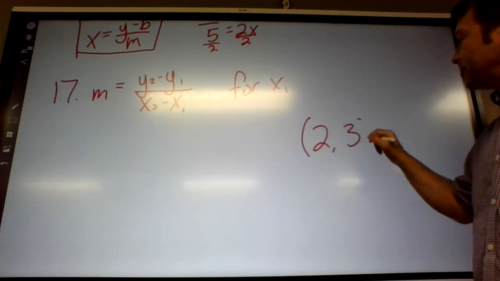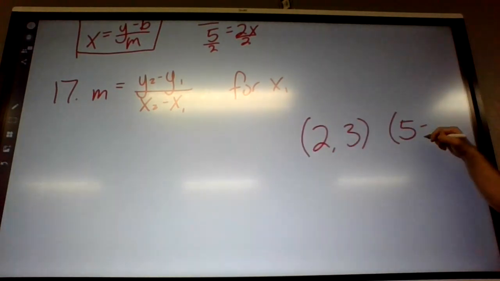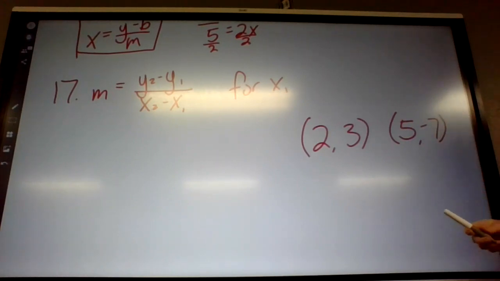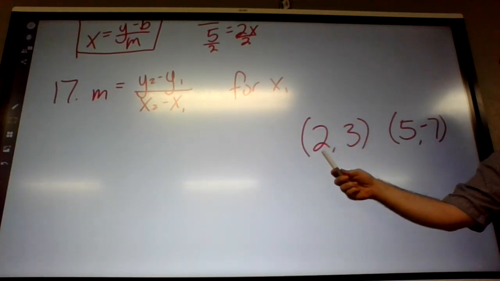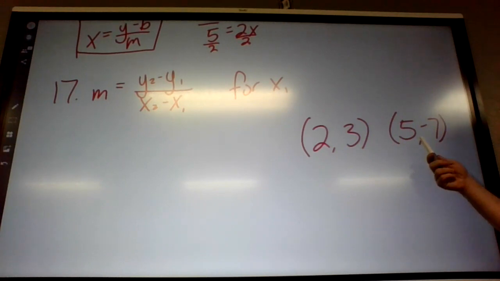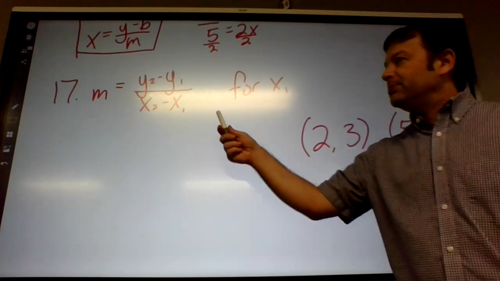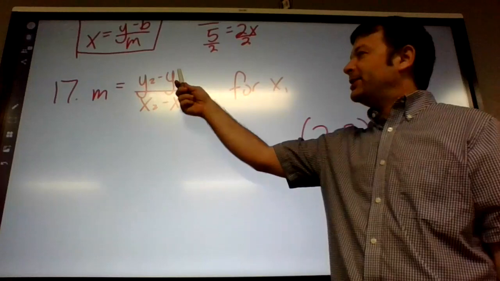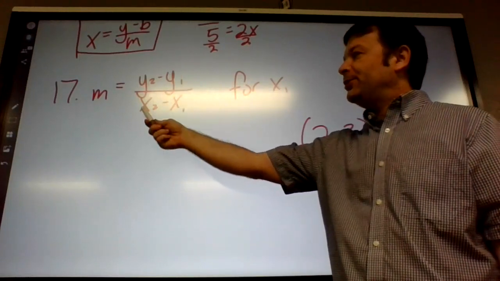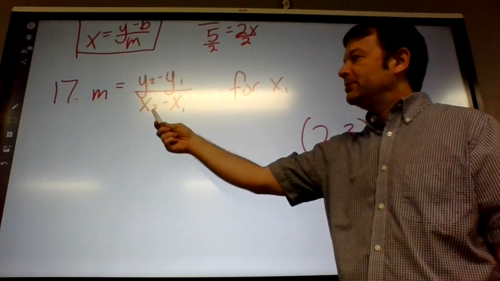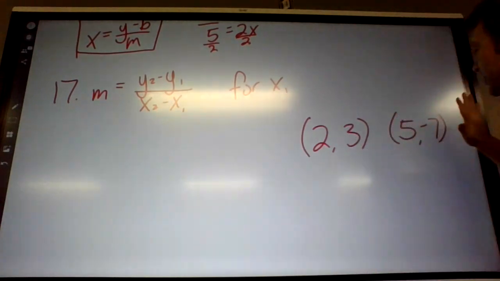Points on a graph look something like this, right? x1 might refer to this 2 and x2 might refer to the 5. So you have to treat them like they're different, just like x's and y's. You cannot subtract those 2.